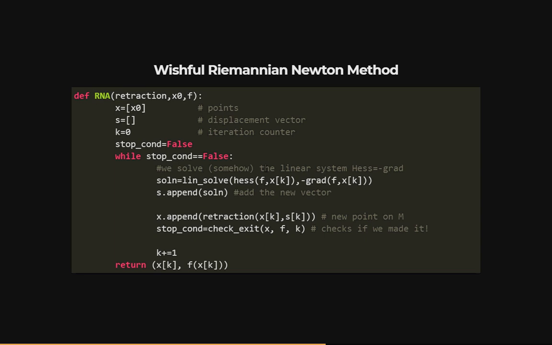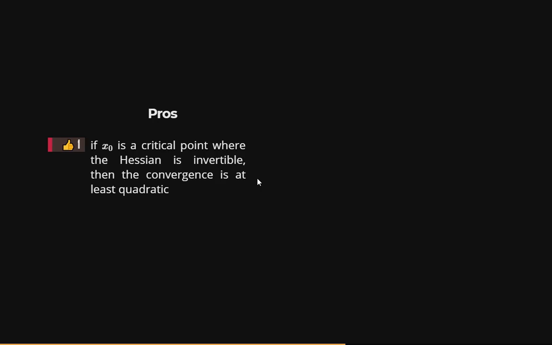And then there are other problems, but let's start with the good things. Now, if you have a critical point where the Hessian is invertible, so if it's positive definite, in particular it is invertible, there is convergence to this point in a neighborhood, and it's at least quadratic, so it's very fast.